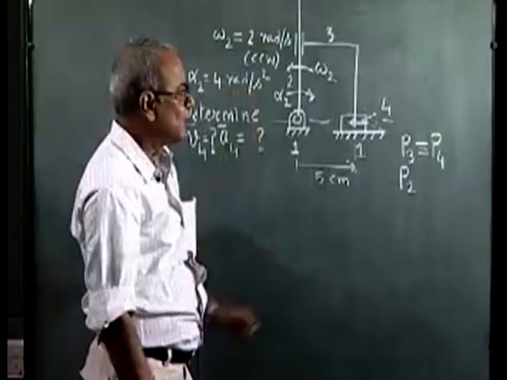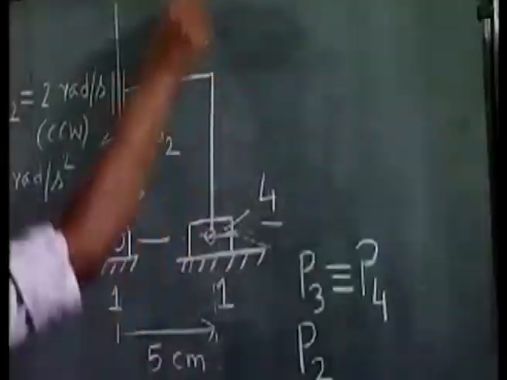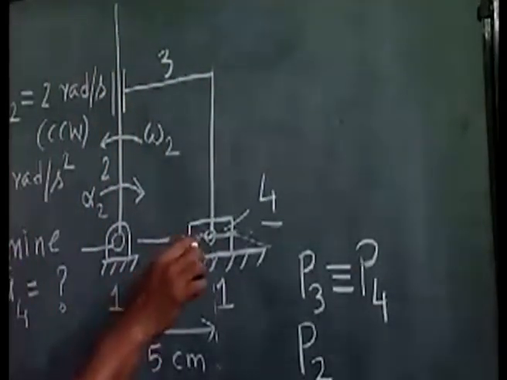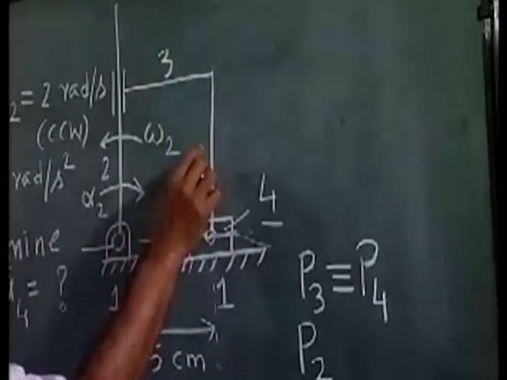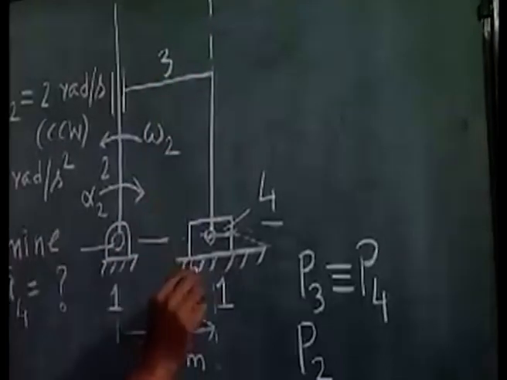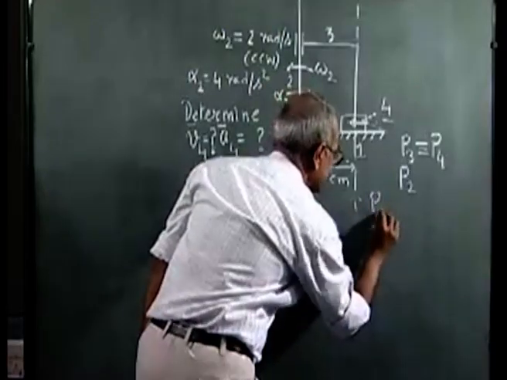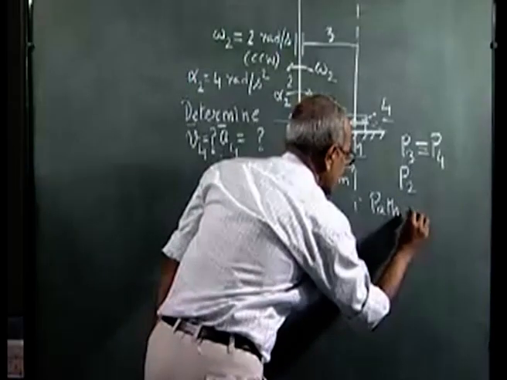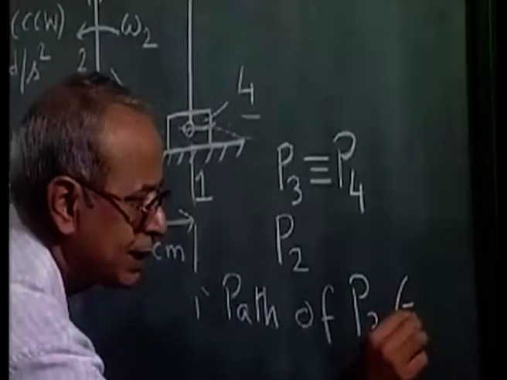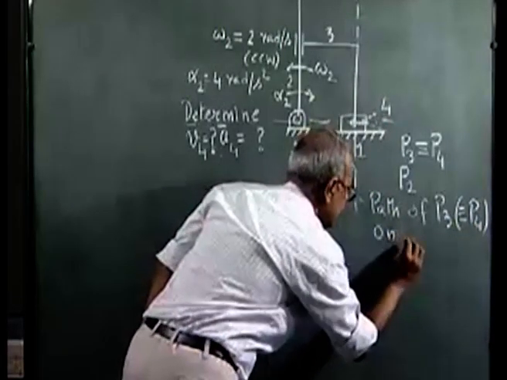If we try to move link 3, it is obvious that because of this slider, 3 can only go in the vertical direction on link 2. So the path of P3 on 2 is this vertical line. This is the path of P3, which is same as P4, on link 2.